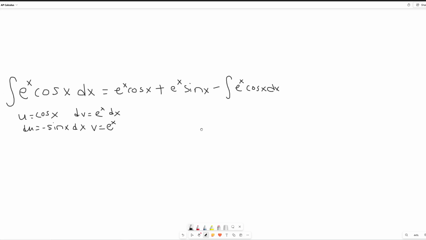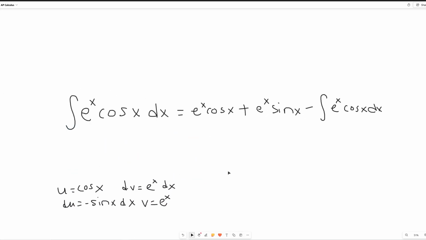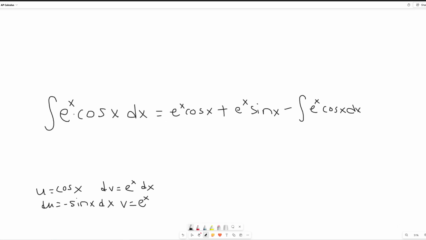I'm going to get rid of this just to make the space. So, the integral of e to the x cosine x dx is e to the x cosine x plus e to the x sine x minus itself. But if you think about the integral as like a variable, you can move this integral over to here.